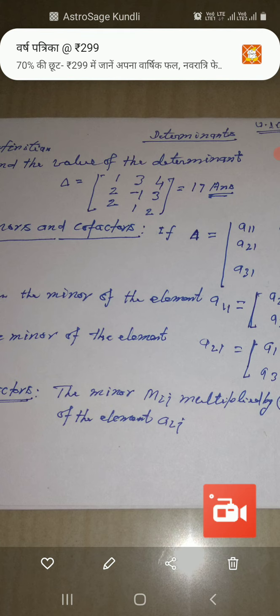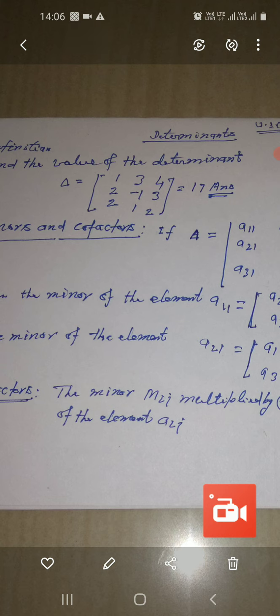Now minors and cofactors. Suppose delta is equal to a11 a12 a13 in first row, in second row a21 a22 a23, and in third row a31 a32 a33. Then the minor of the element a11 is equal to the determinant a22 a23 in first row, and in second row a32 a33, and this is denoted by M11.